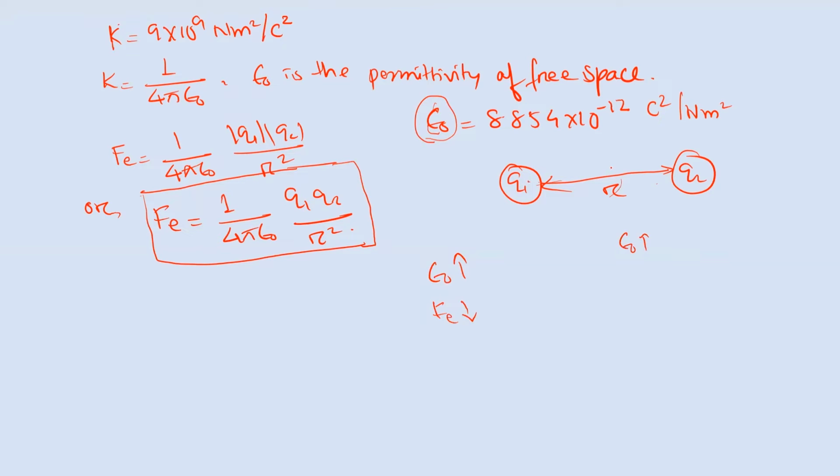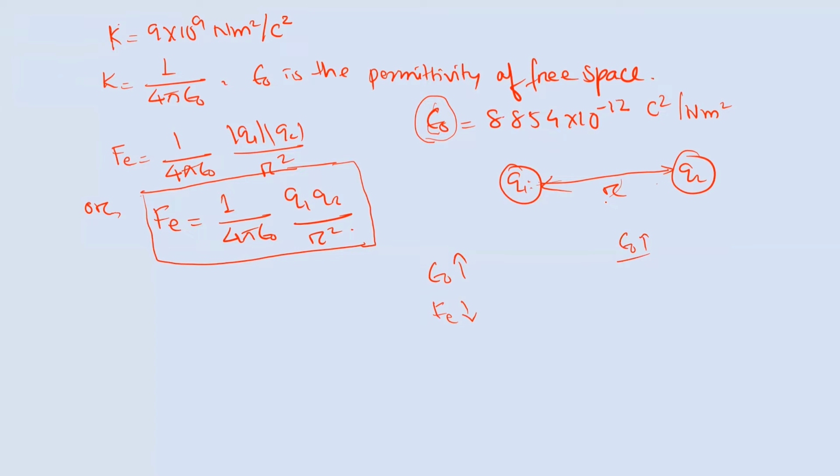If for any medium, the medium is permitting more force within itself, then obviously the force on the other charge will be less, right? Because from this equation also you can see, if the permittivity is more, the force will be less. The same thing goes for any medium.